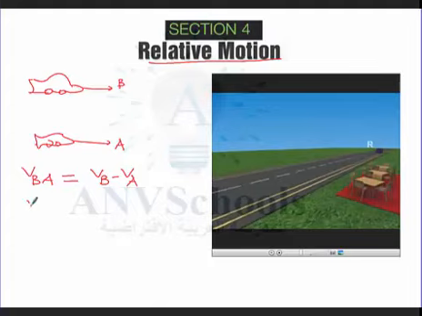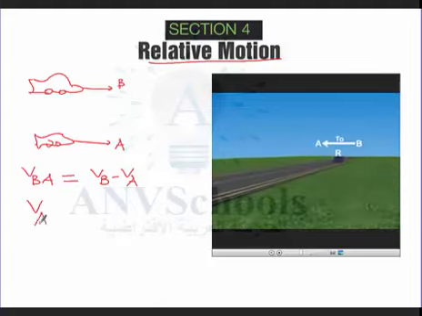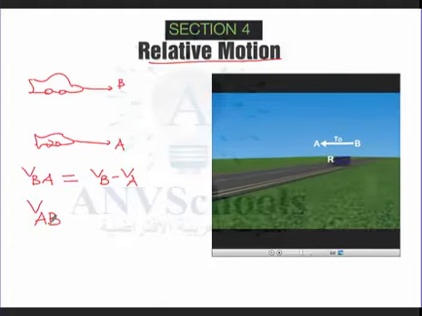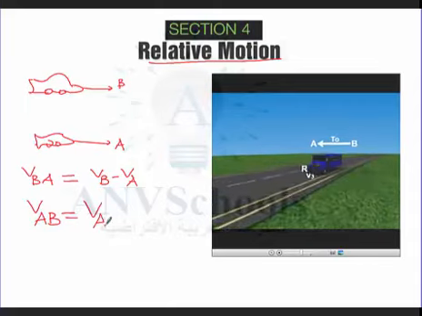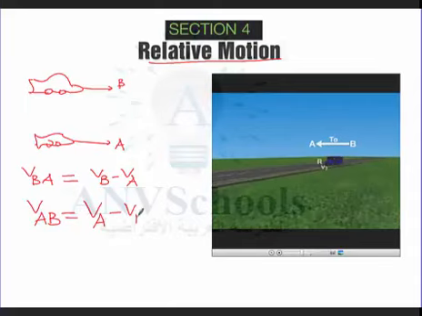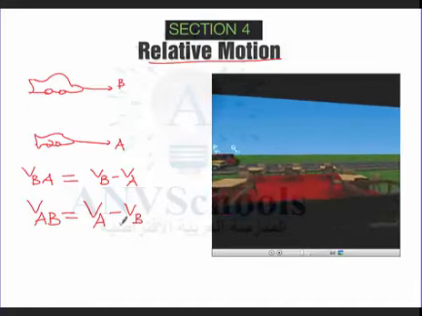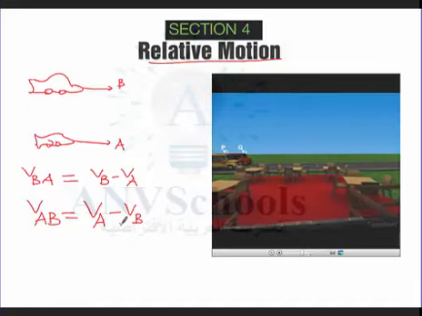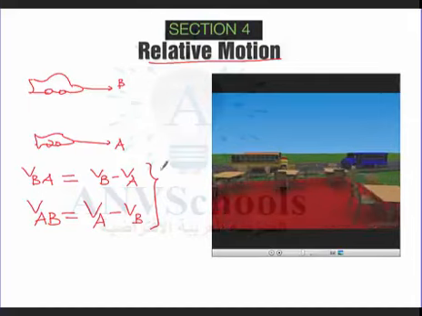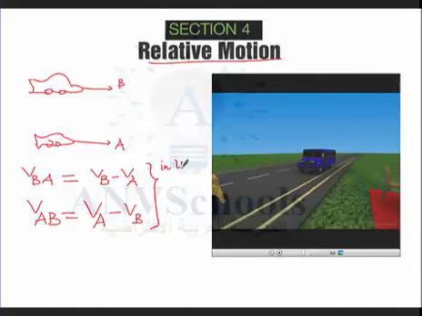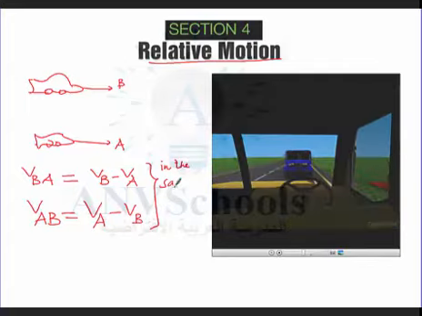In the same way, the velocity of car A as observed by an observer in car B is given by the velocity of A minus the velocity of B. These are the formulas that help us find the relative velocity of two objects moving in the same direction. We use this formula provided that the cars are traveling in the same direction.